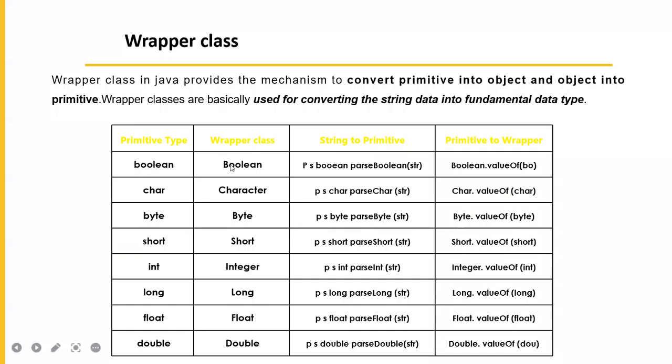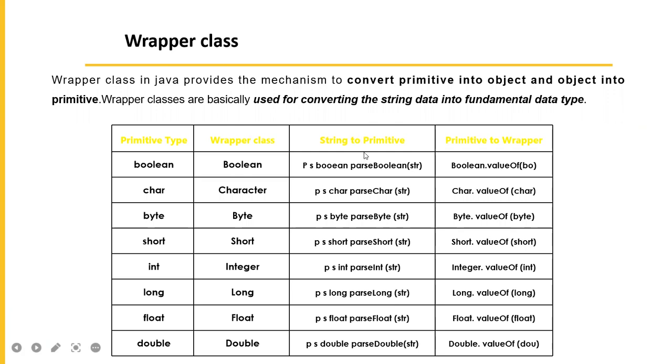These classes come under the java.lang package. Keep in mind java.lang is our default package in Java. These classes are present there. So we are converting a primitive into an object and an object into a primitive with the help of wrapper classes.